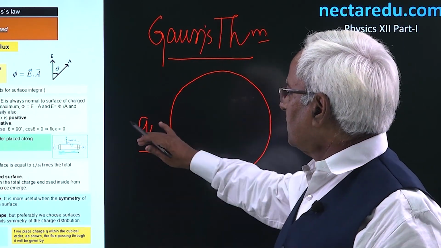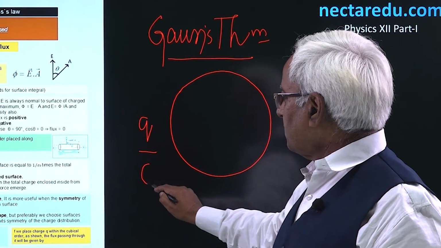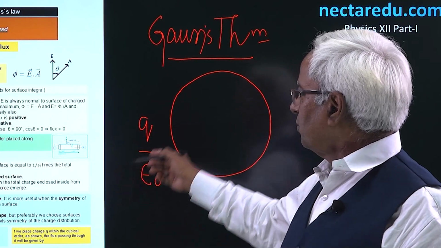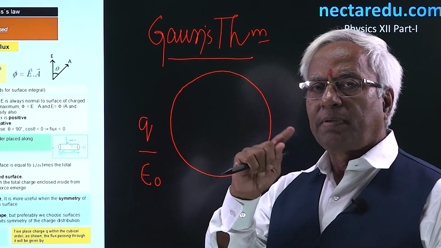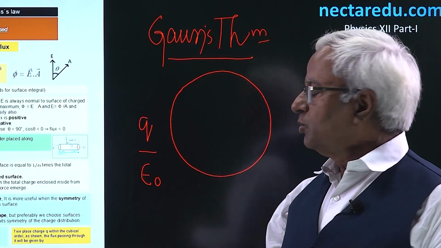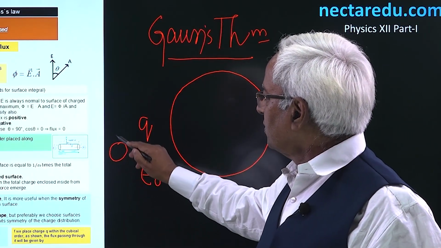If there is charge Q, obviously it will produce the electric lines of force this much. Means 1 upon epsilon naught multiplied by Q. So, what is the net flux?